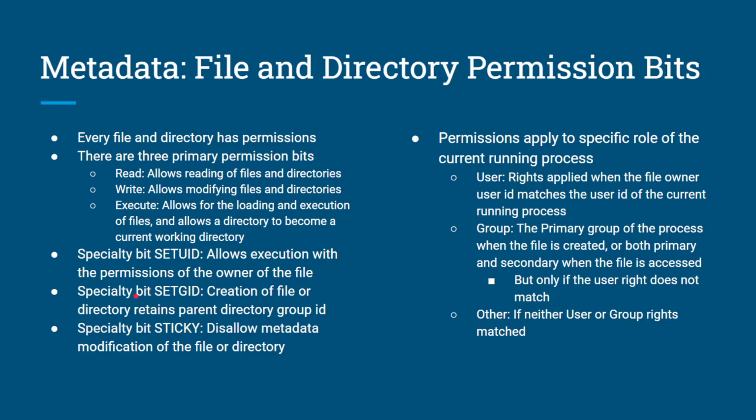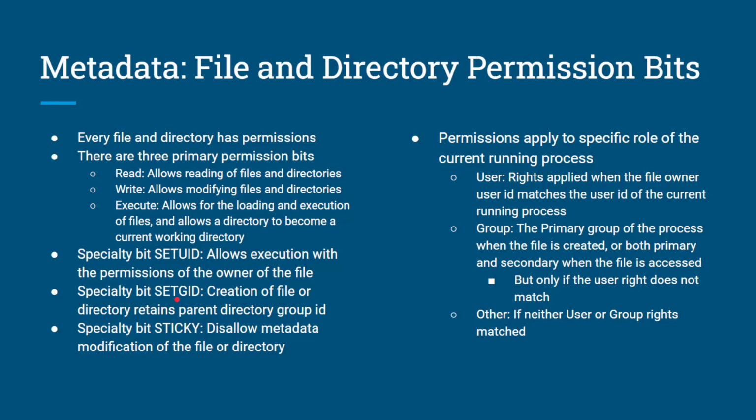There's also a set GID that is actually used by the directory. So if I create a file in a directory without the set GID, that created file gets the same user ID and group as the process that created the file.